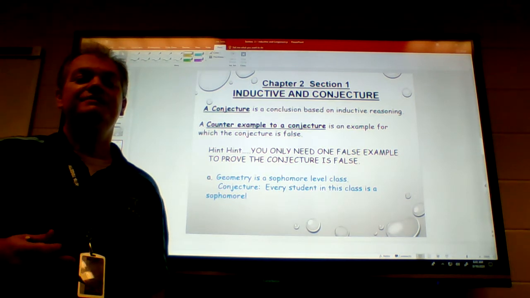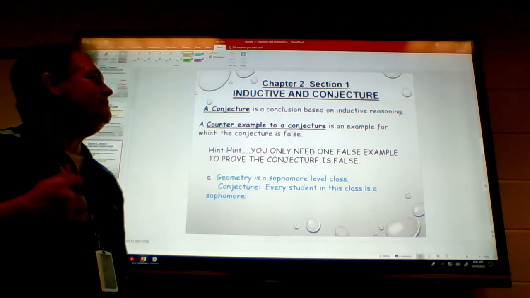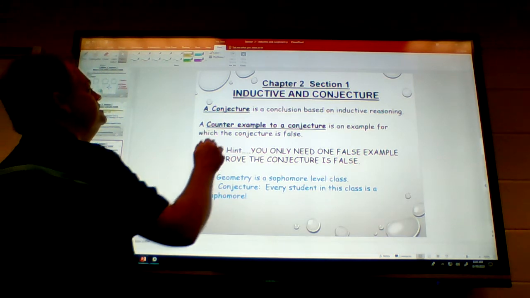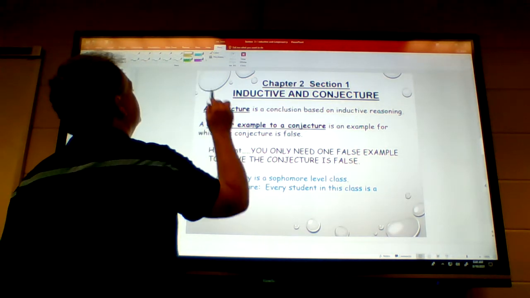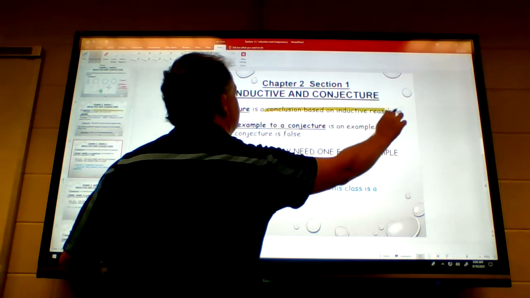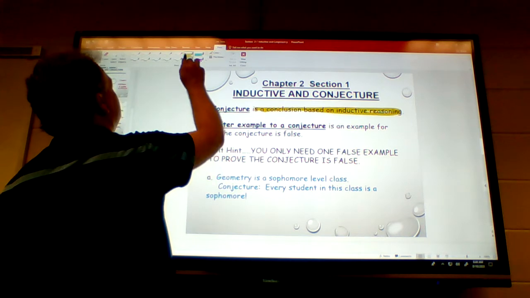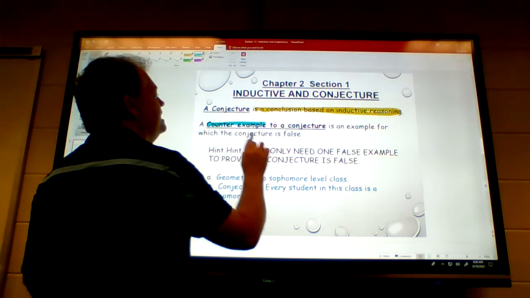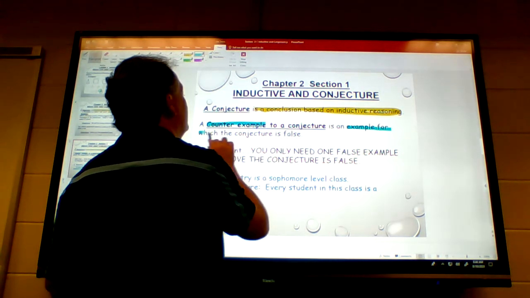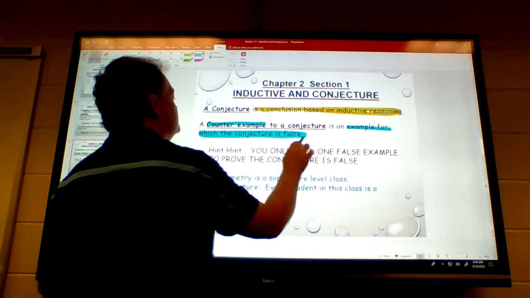There are times when conjectures will be false. So once again, a conjecture is a conclusion based off of inductive reasoning, but a counterexample is an example for which the conjecture is false.